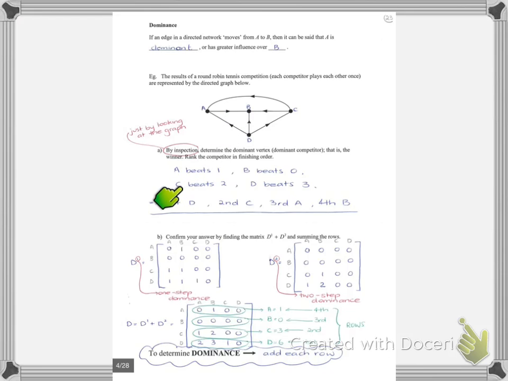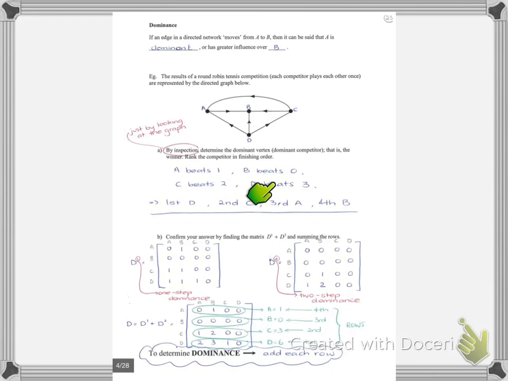If we look at C, C beats 2 of the others. Who are they? Let's have a look. We've got C defeats B and C defeats A. So C beats 2, or is dominant over 2.